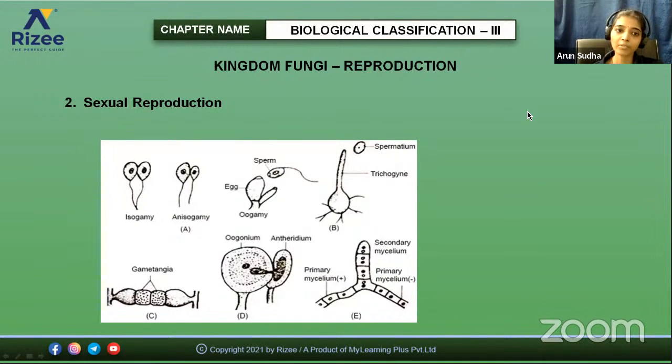But here, basically, know that mitosis is a division which results in the production of identical cells, but in meiosis there occurs a genetic recombination. In asexual reproduction only the mitotic division happens, but here there occurs a meiosis. And also the gametes are produced within the structure that is called the gametangia.